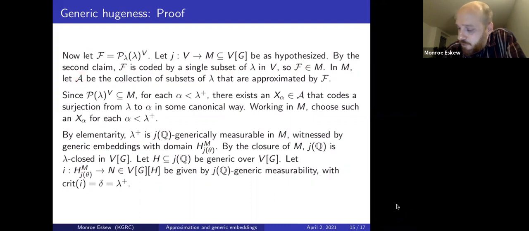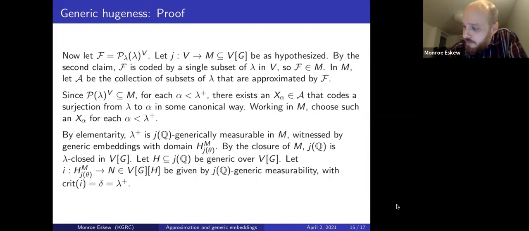I guess the significance of this technique in the argument is that we're able to talk about a lot of stuff that's going on below lambda plus, using only things of size lambda.